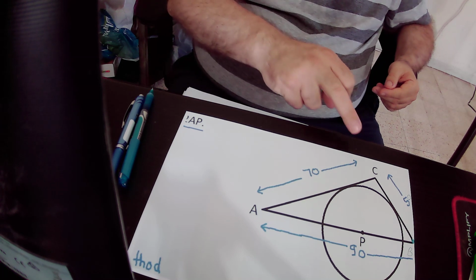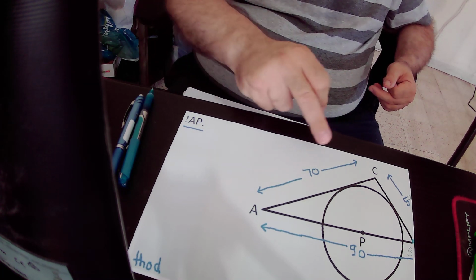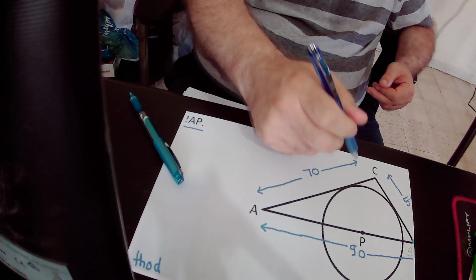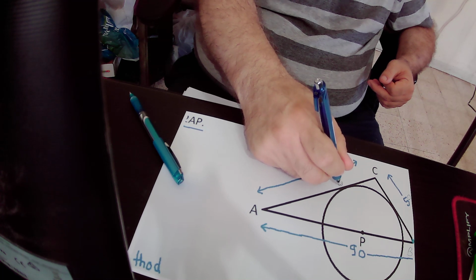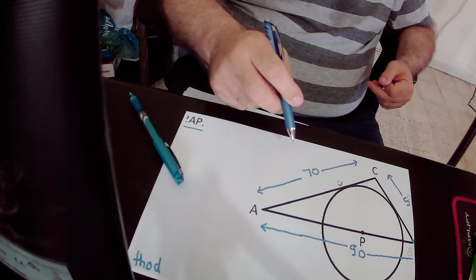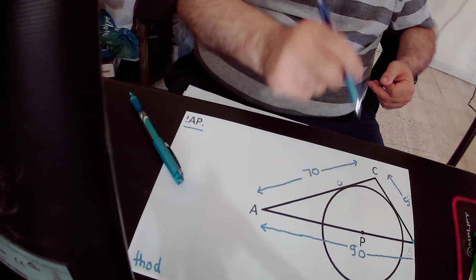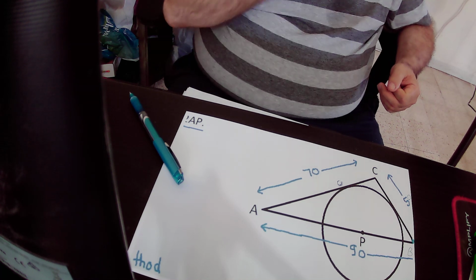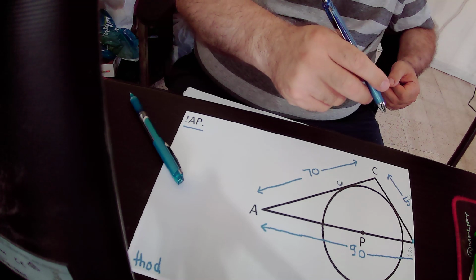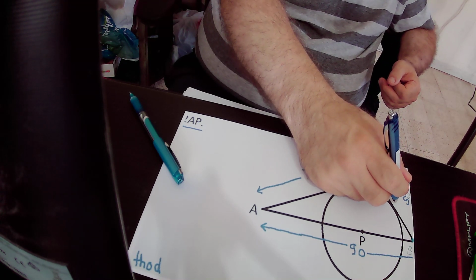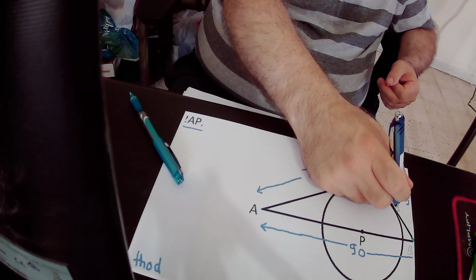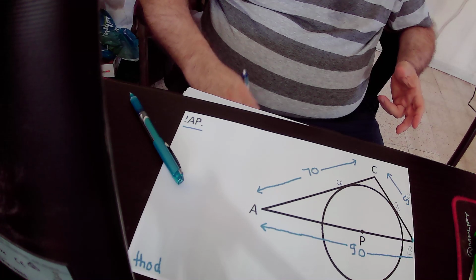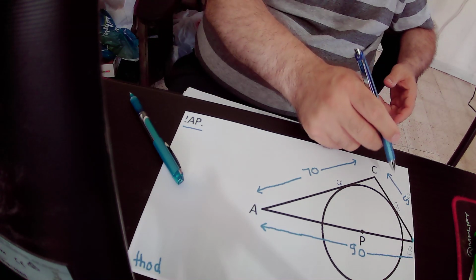Side CA of the triangle is tangent to the circle at a point that we will call point O. So side AC is tangent to the circle at point O, and side CB of the triangle is tangent to the circle at a point that we will call point E. So side CB is tangent to the circle at point E.